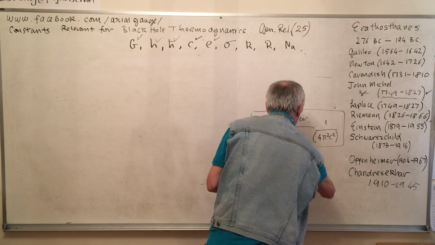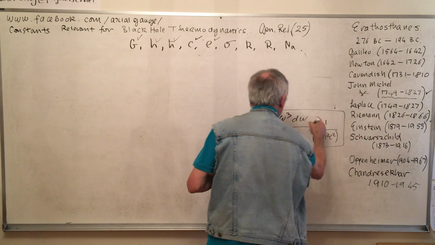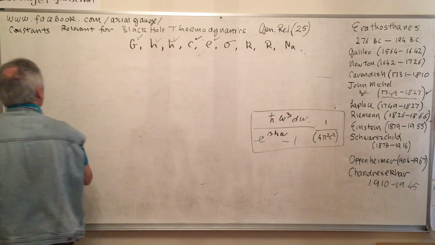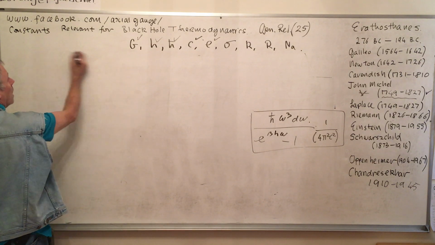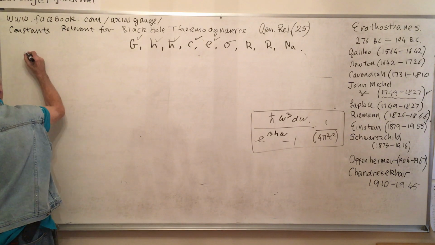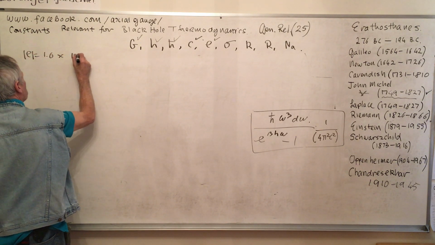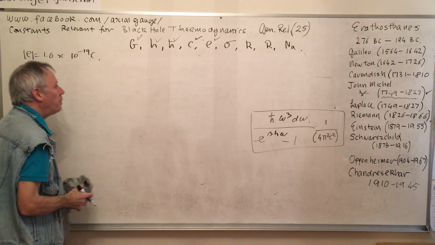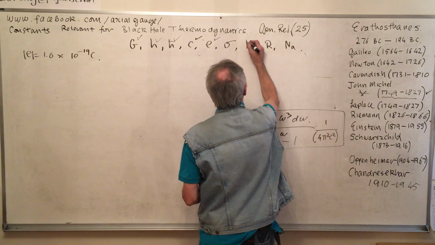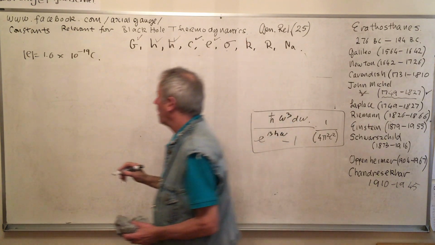Now this is Planck's radiation formula. Okay, so c, we got e, 1.6 by 10 to the power of minus 19 coulombs. And we've covered that. Let's cover the sigma.